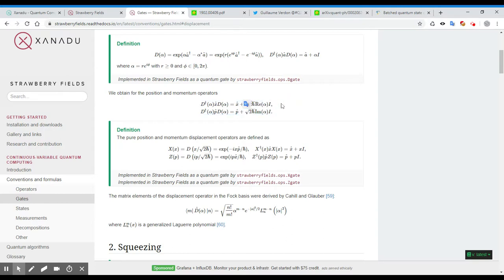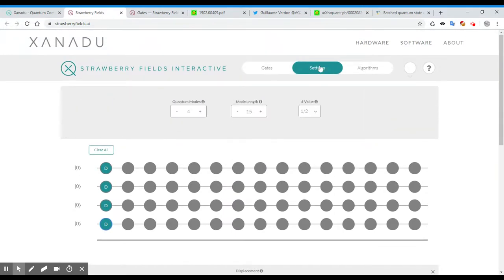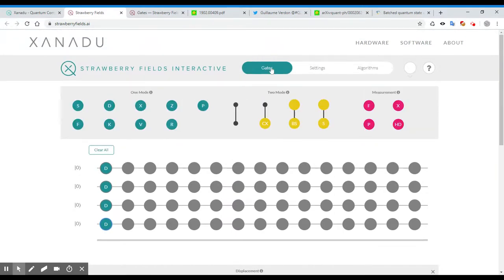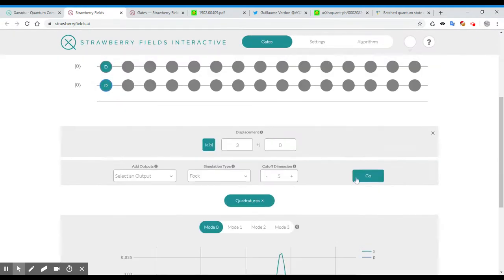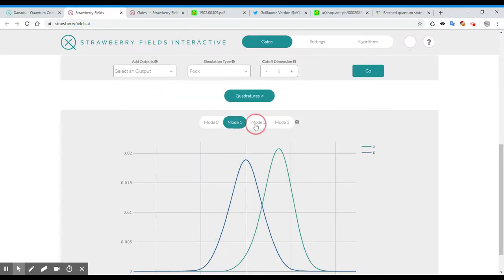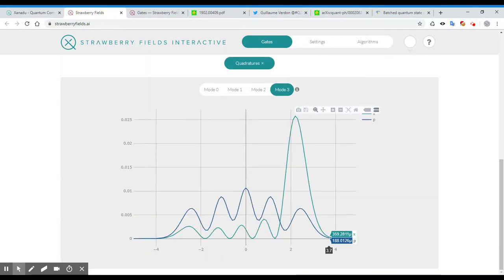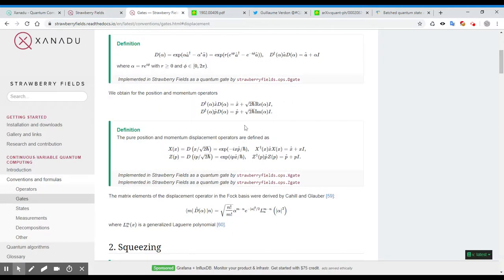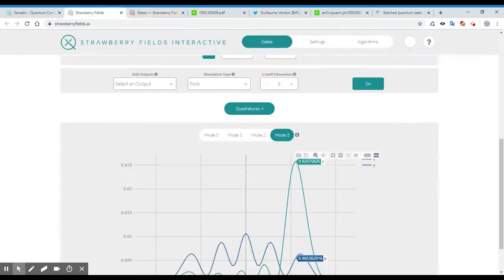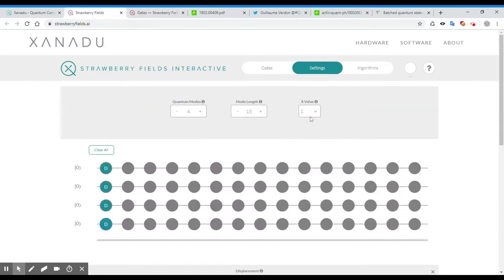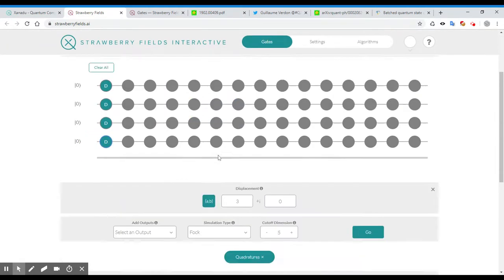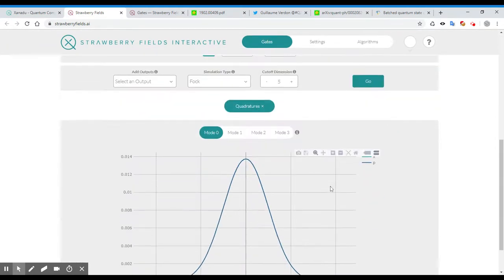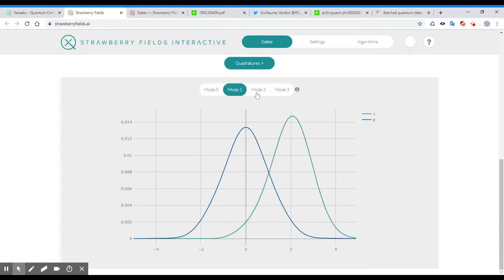What if I set the Planck constant to be 1? Does this make any difference? 1, 2, 3. Yeah, it does, because it's part of these, right? So if I set it to 2, then 0, 1, 2.